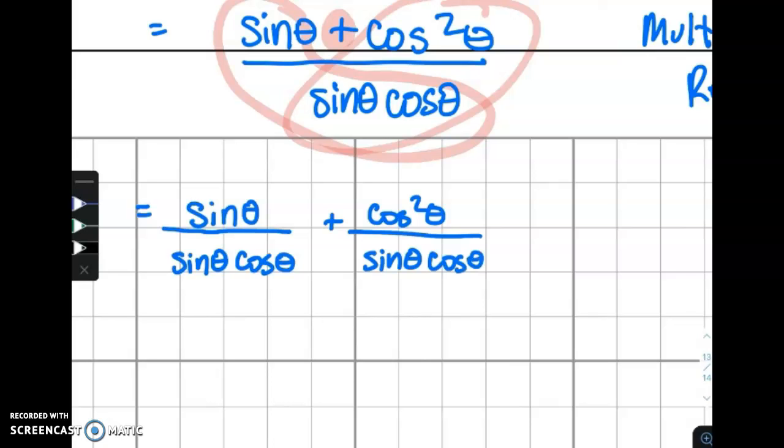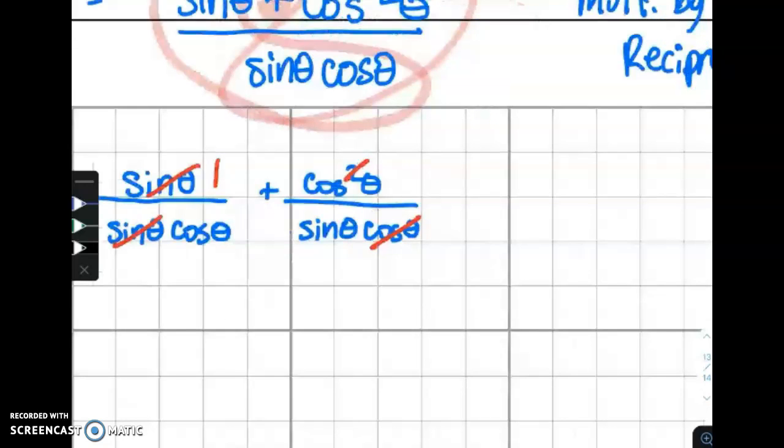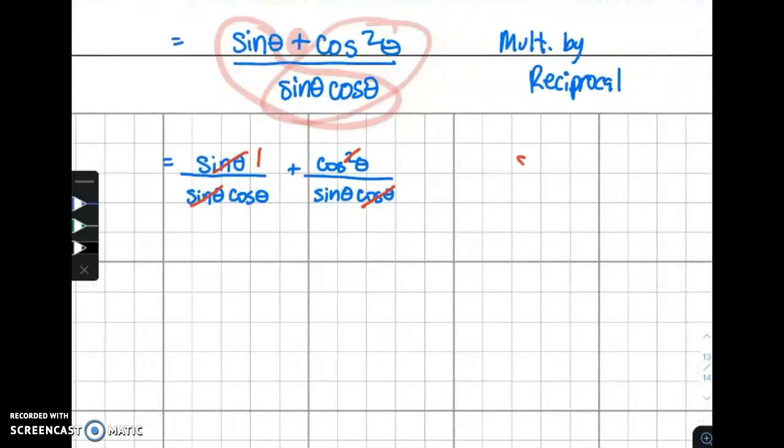From there, I can reduce a little bit. So I've got sine on top and on bottom. That's going to leave me a 1 on top. And then over here, I've got cosines on top and bottom, which is going to cancel the square. So now it's just 1 cosine on top. So here I split the fractions to get that.